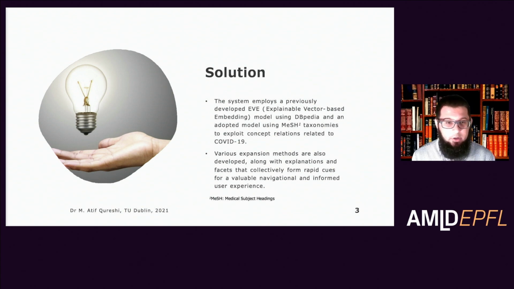Then we adopted this technique on MeSH, which is Medical Subject Headings, besides DBpedia. DBpedia is more generic as a knowledge base, whereas MeSH and other taxonomies out there for medical sciences could be really useful when it comes to COVID-19.